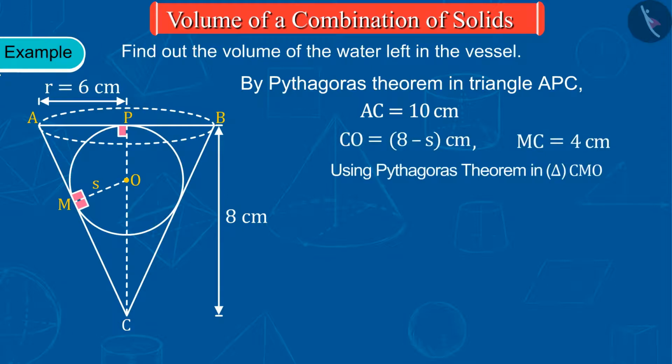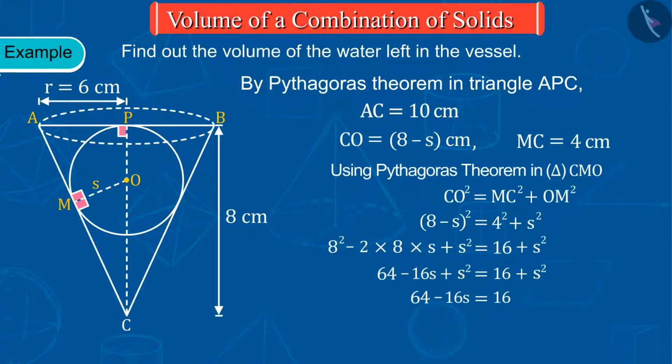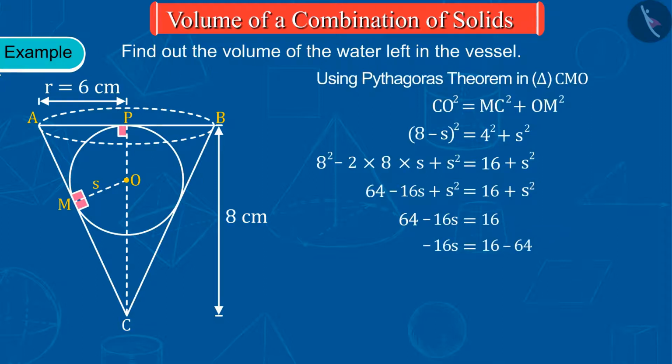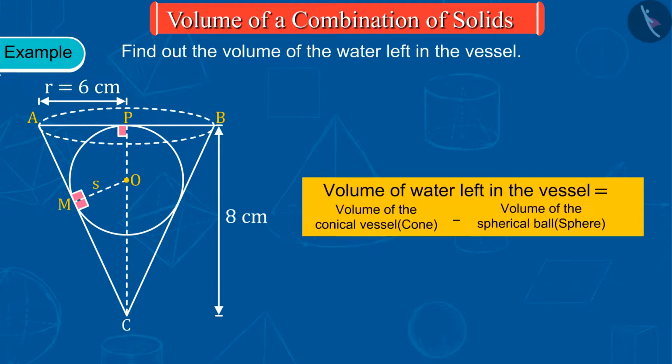Now, using Pythagoras' theorem in right angle triangle CMO, we get S equals to 3 centimeters, which is equal to the radius of the spherical ball.